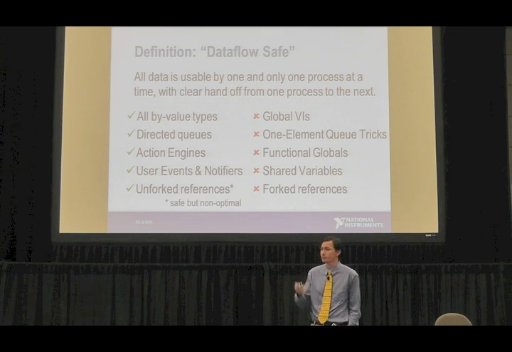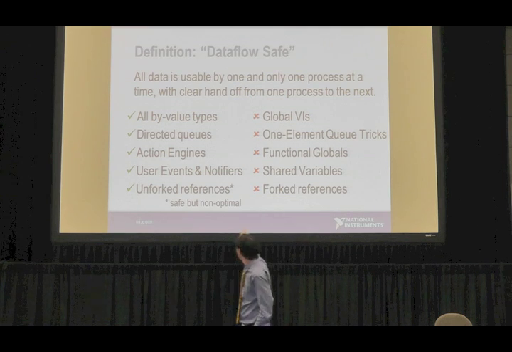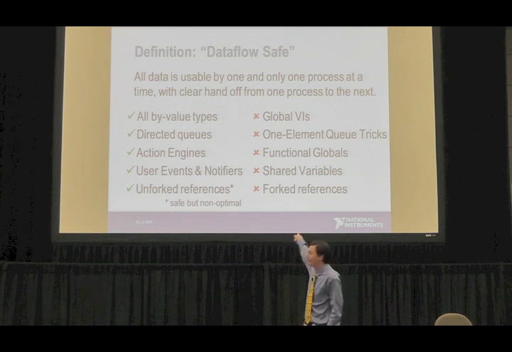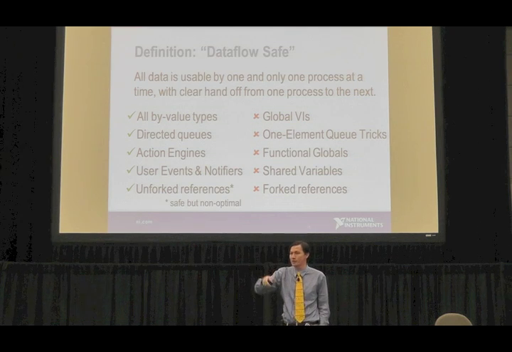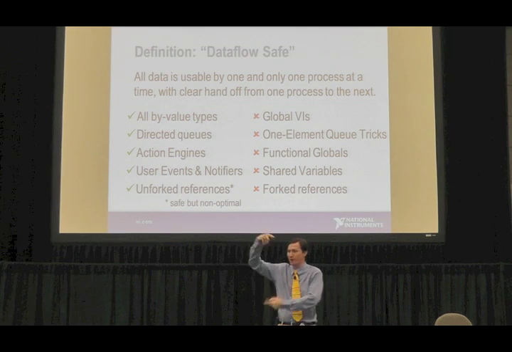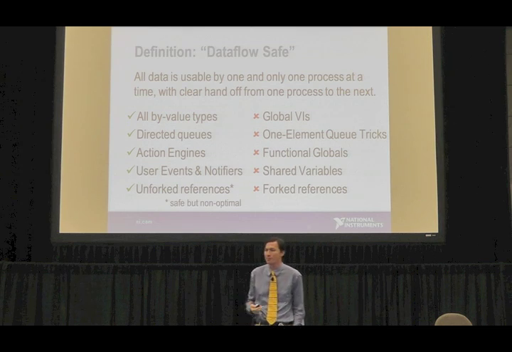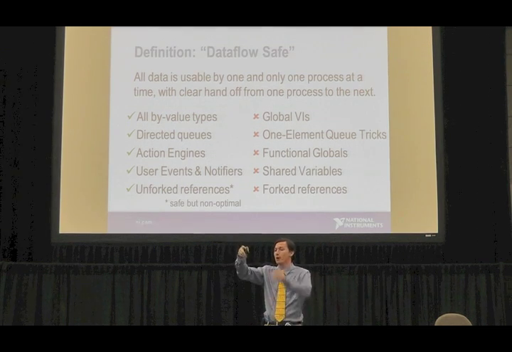Good question. What about data value references? Data value references, well, that's that last line down there. If you don't fork them and you just are using them serially, nice and good. As soon as you start forking them, then now you've got data contention back and forth, and if you're pulling the data out, then you're making copies of it, if you're not putting it back in.